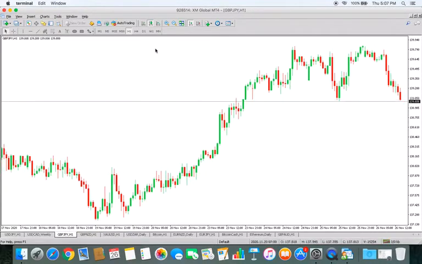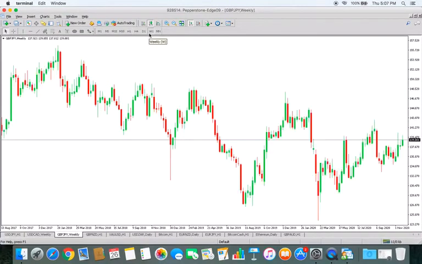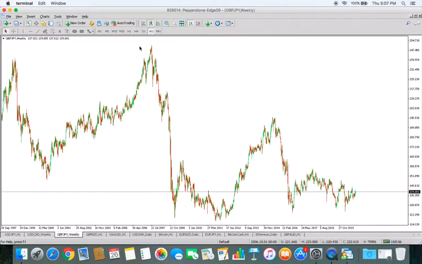All right. We are going to first look at the weekly time frame. We zoom out and see possibilities. When you look at this pair, it shows us that the general trend might be an upward trend. Why?